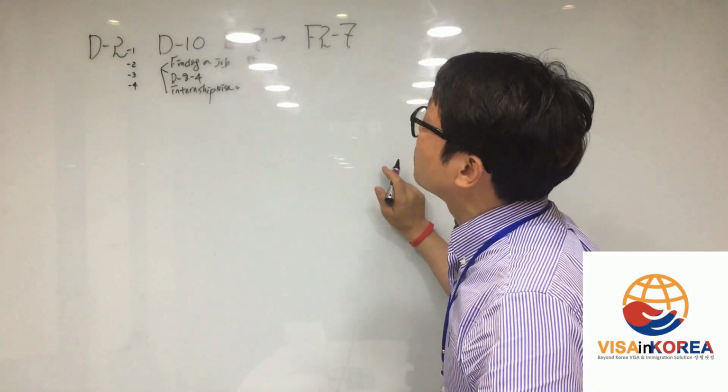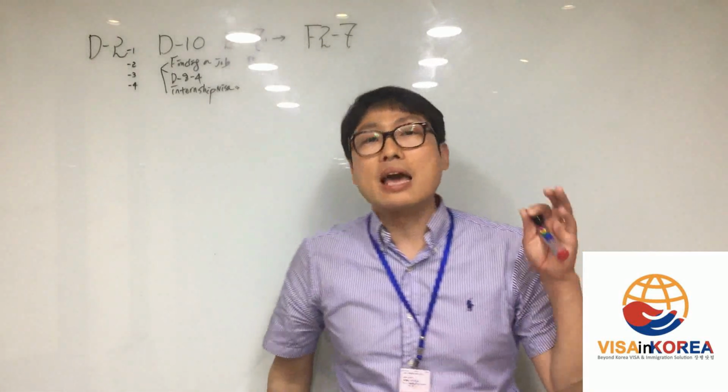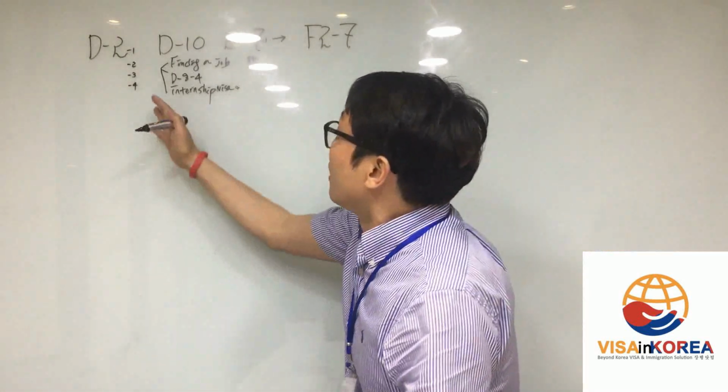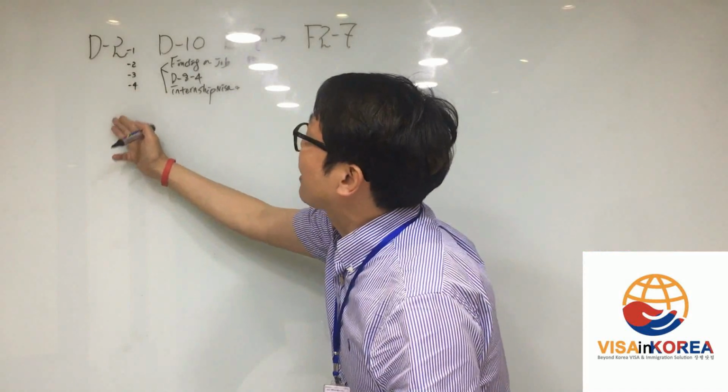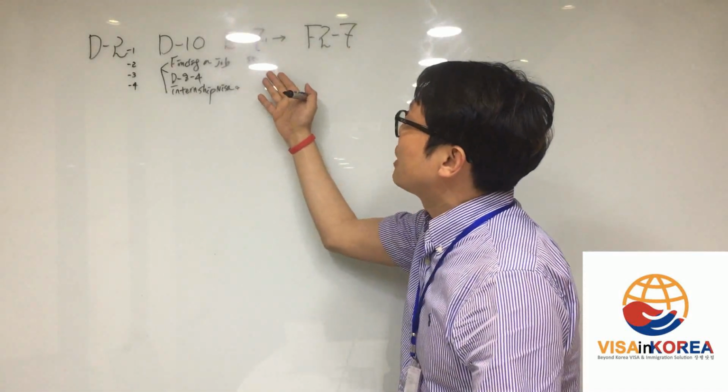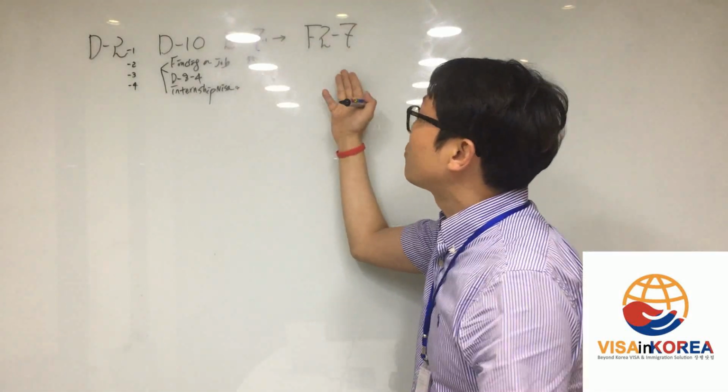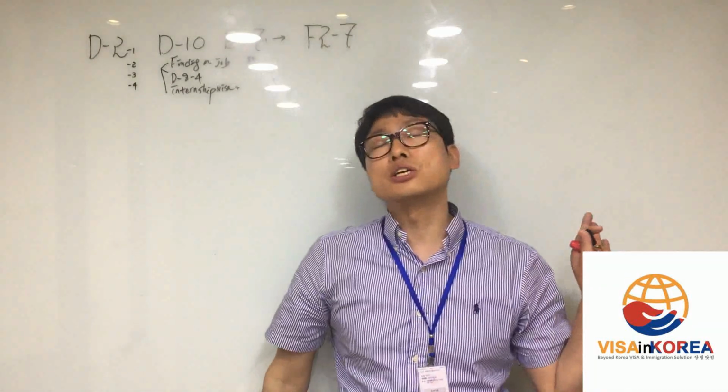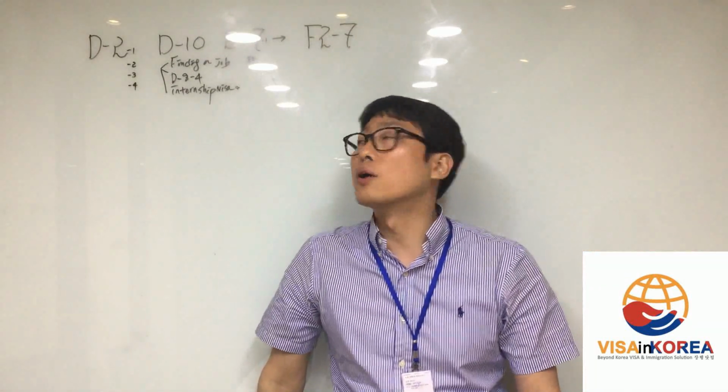So D2 visa holders: if I have a D2 visa, can I change it directly to E7-1 or F7? It's partially right, partially wrong.